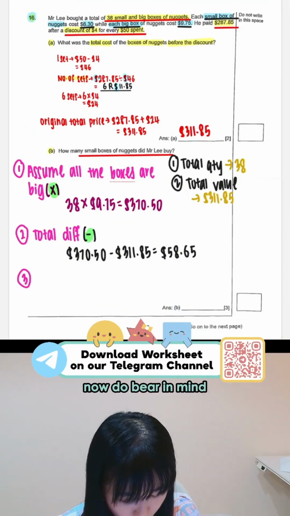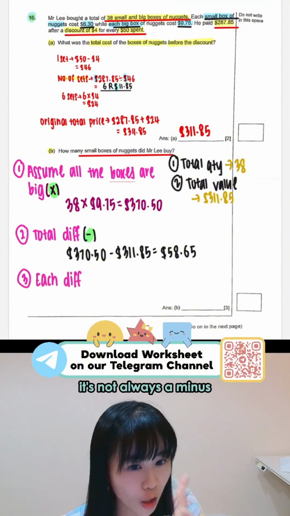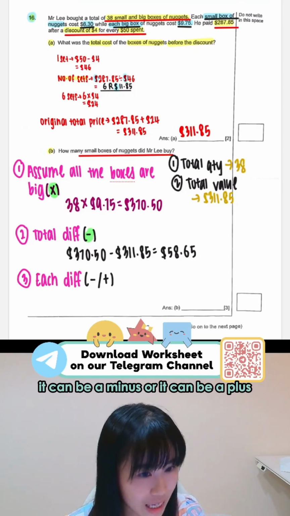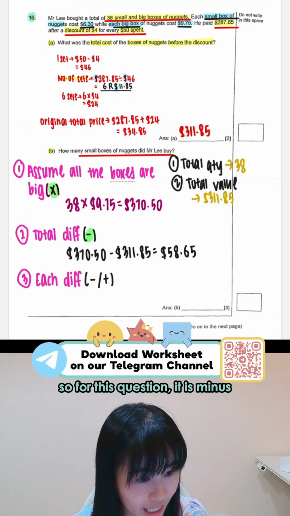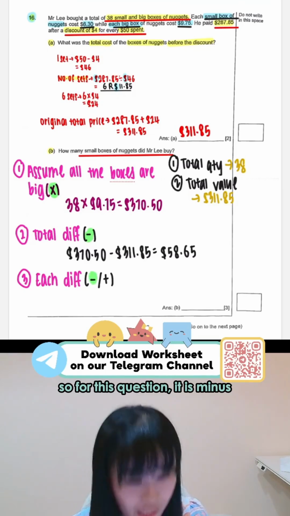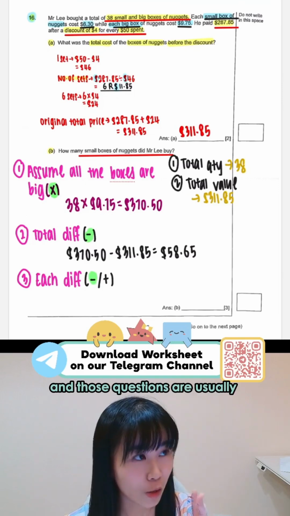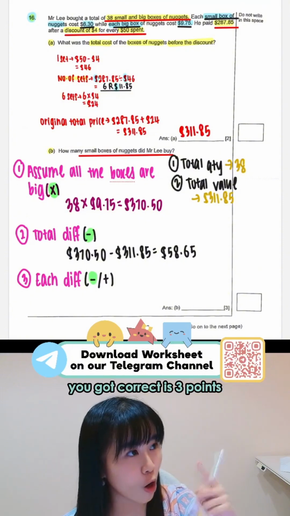Now bear in mind this each difference step is not always a minus. It can be a minus or it can be a plus. It depends on the question. For this question, it is a minus. But there are some questions where you need to add to find the difference. Those questions are usually the ones with a penalty. If you get a correct answer, it's 3 points.